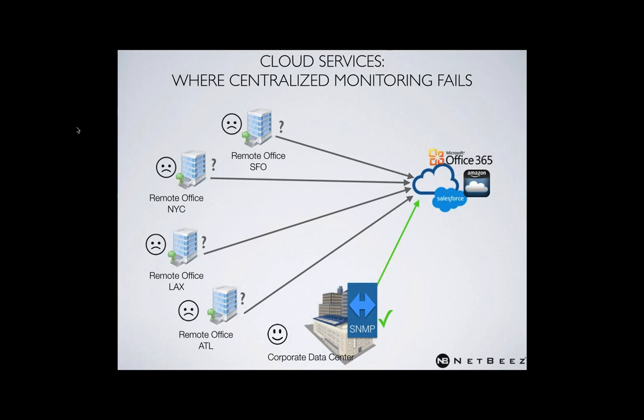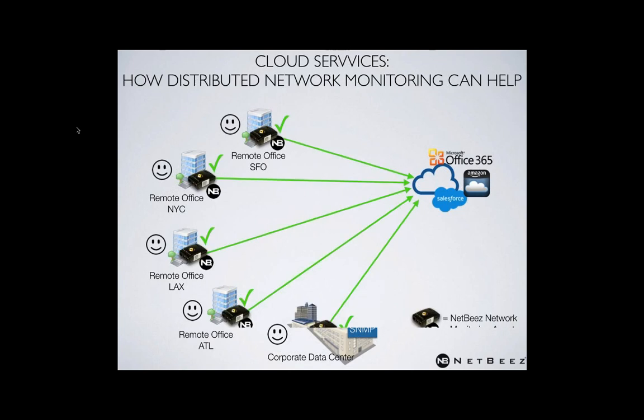So how can we use a distributed network monitoring solution like NetBees to successfully monitor services like DNS or a generic cloud service and provide the best service to our end users or customers? If we look at the scenario of an enterprise with many locations, and at each remote location we have a user trying to access a cloud application, which is more and more the trend right now.